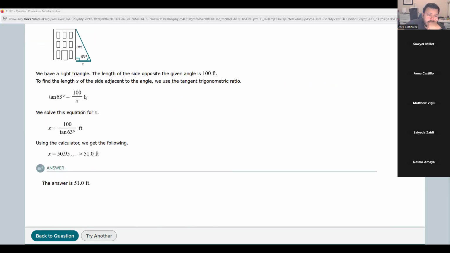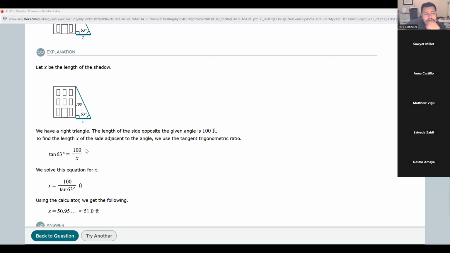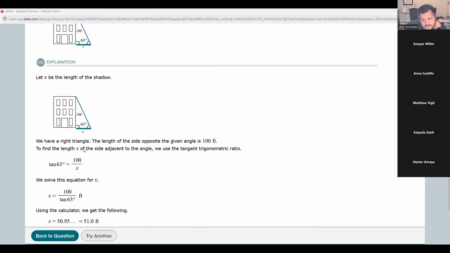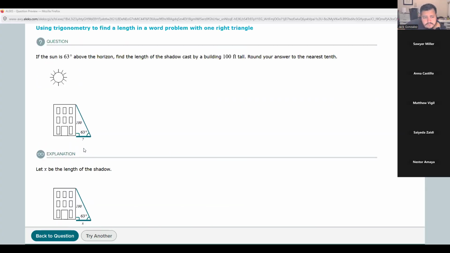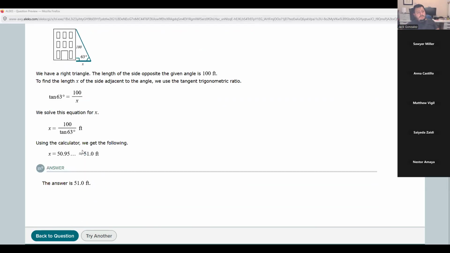So it has to be tangent because it's opposite over adjacent. So tangent or cotangent would work. You would set it up this way, which would get you most of the points, because this shows your understanding. Some basic algebra will get you to 51. But yeah, we have done quite a few of these. Are there any questions on this while we review? Do you see why we chose tangent? Yes. Okay.